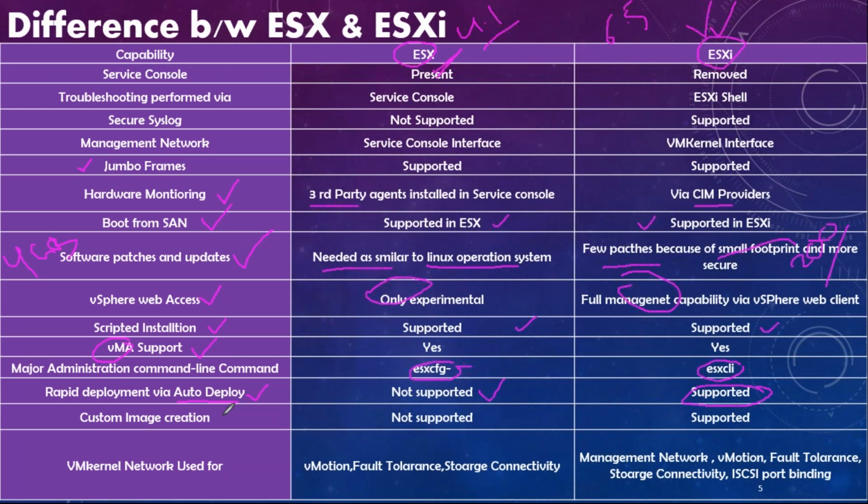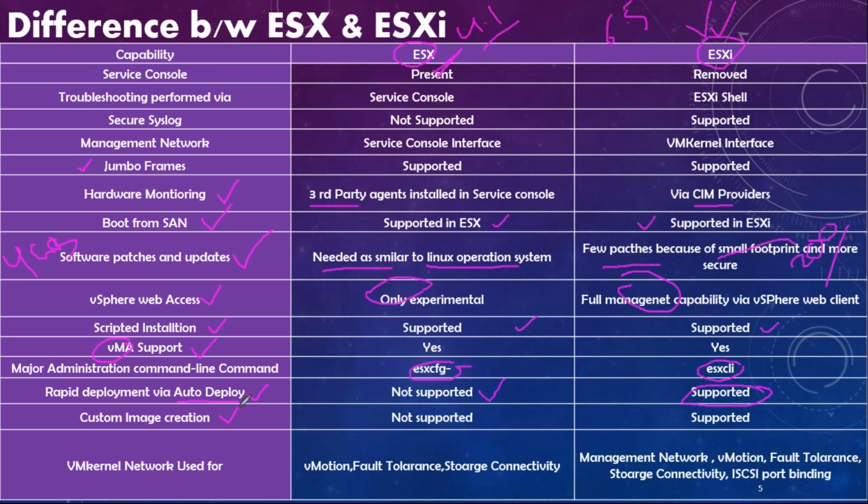Custom image creation: I've told you how important, in your server hardware course, the firmware level upgrade is, and how important the drivers are. So custom image creation is, let's say you want to install ESX on a Dell server, and Dell has some customized hardware pieces.